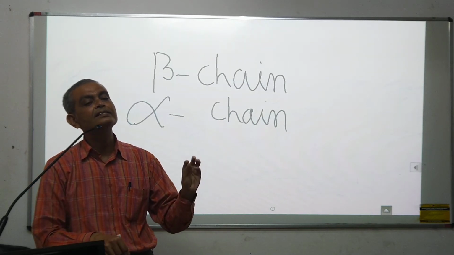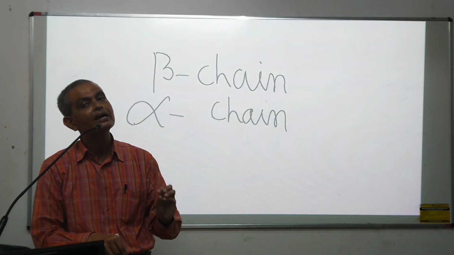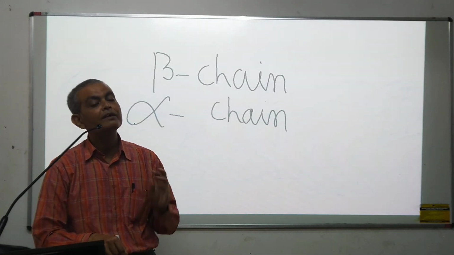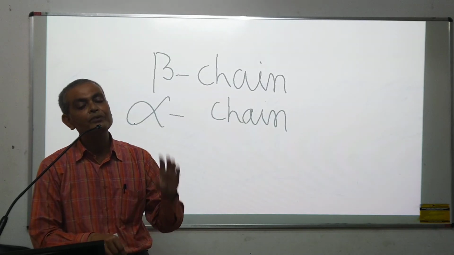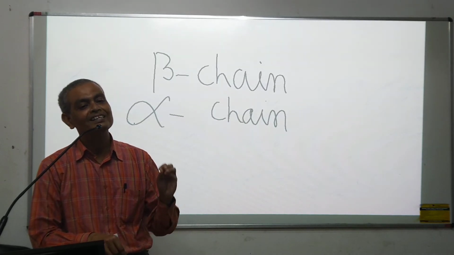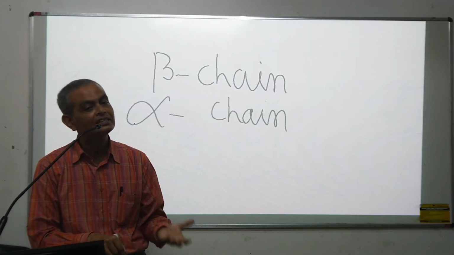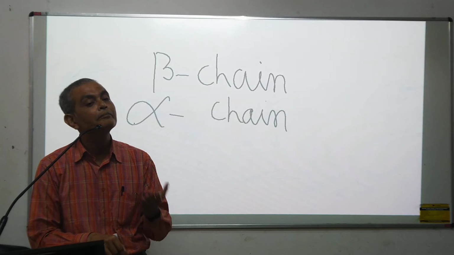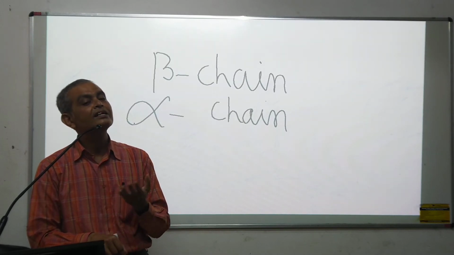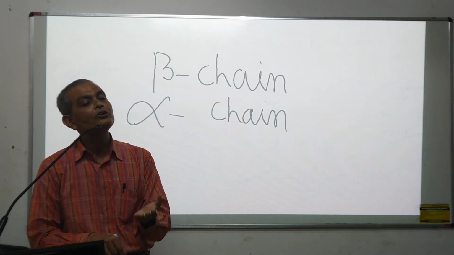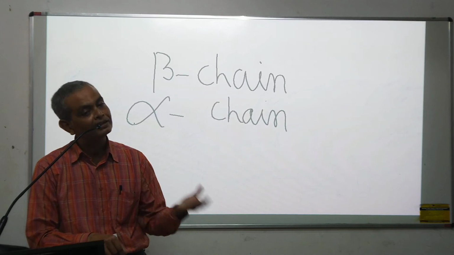Beta chains are synthesized by the beta gene. Alpha chains are synthesized by the alpha gene. So whenever there is a mutation in the beta gene, there will be less synthesis of beta chain, and that will result in beta thalassemia. Whenever there is any mutation in the alpha gene, there will be less synthesis of the alpha chain, so there will be alpha thalassemia.